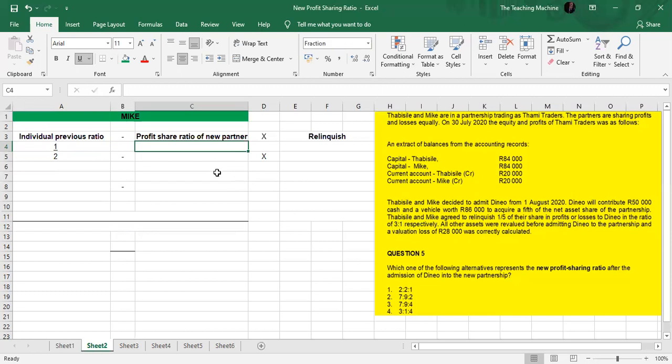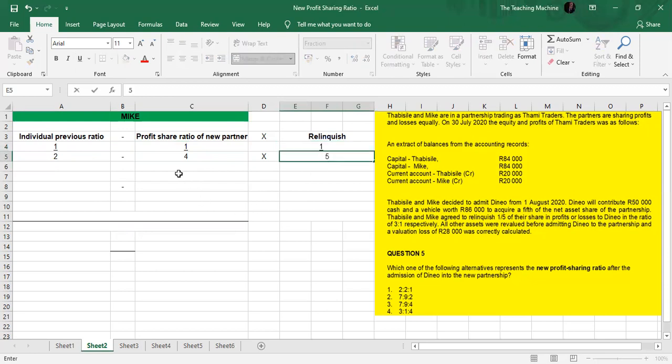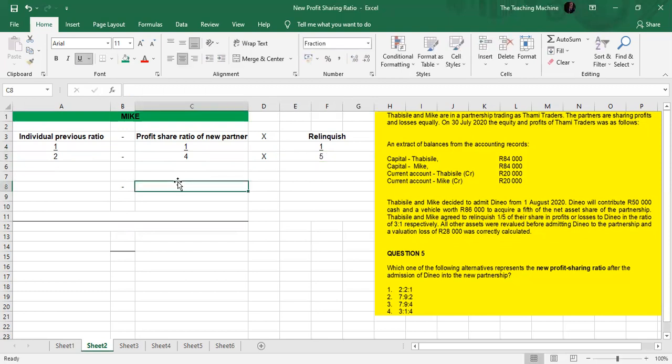So it's 1/4 for Mike. And then the portion that they're going to share will remain the same, 1/5. All right, let's solve this one first. 1 times 1 is 1. 4 times 5 is 20.